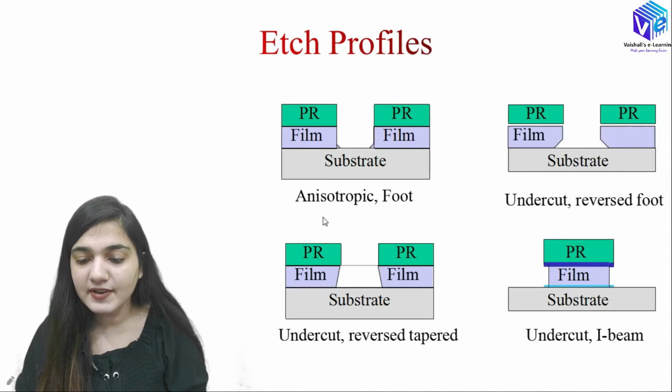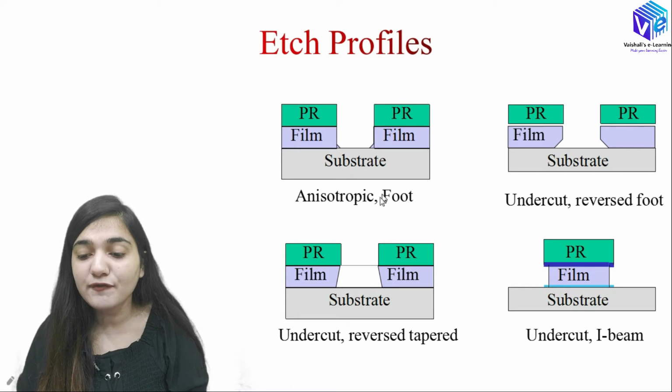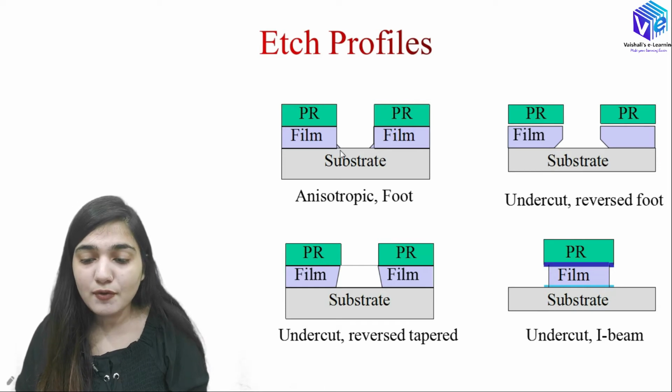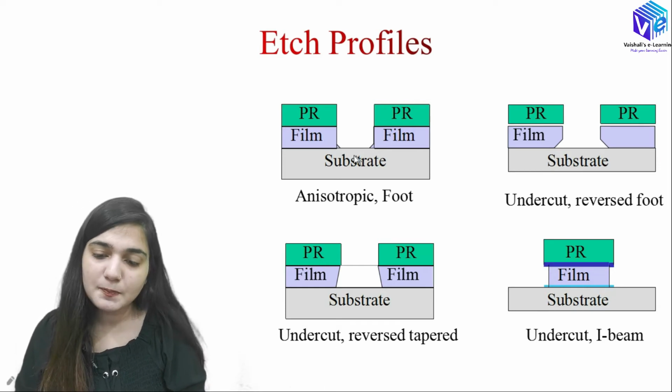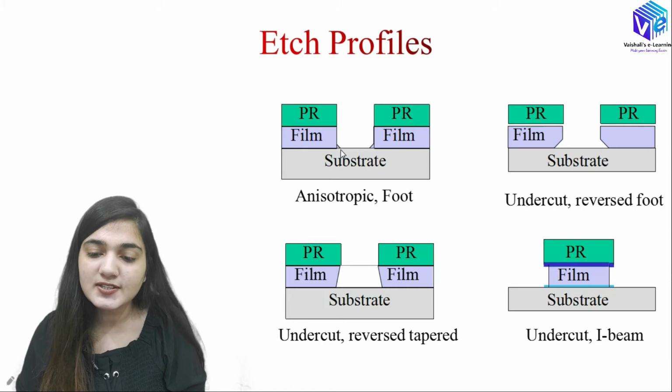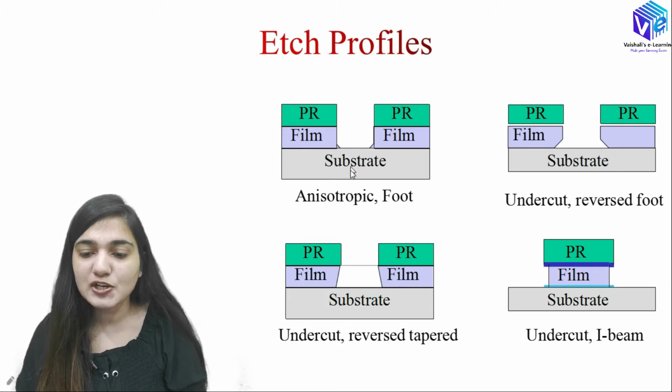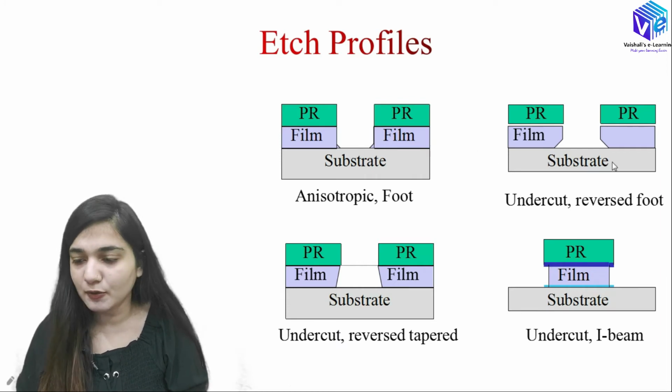So next we have the anisotropic foot kind of etch profile. Here you can see we have a foot towards the film. The film's foot is present on the substrate, which gives me a bad mask. So this type of etch profile should also be avoided.